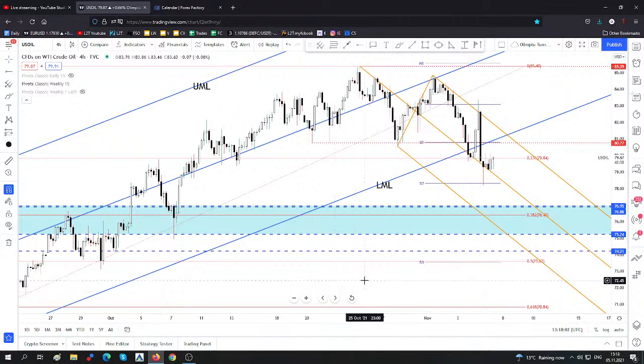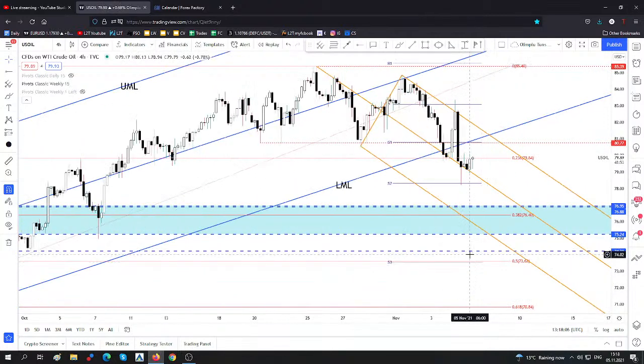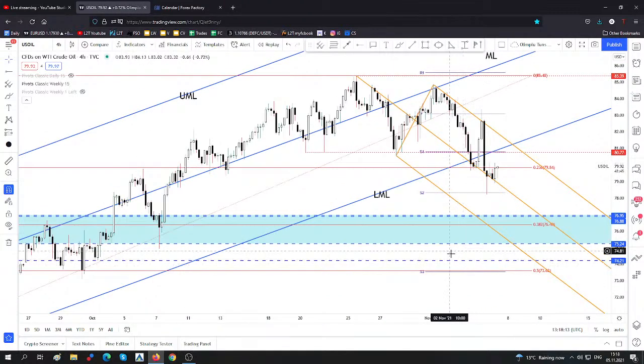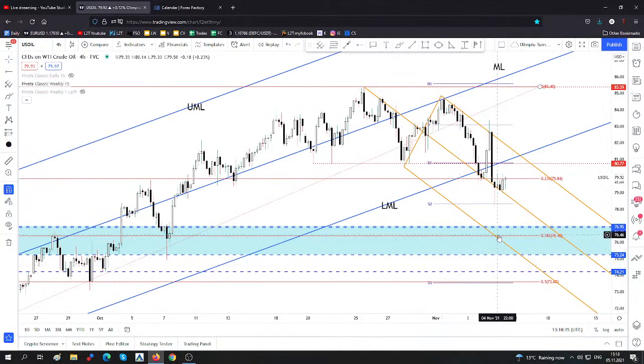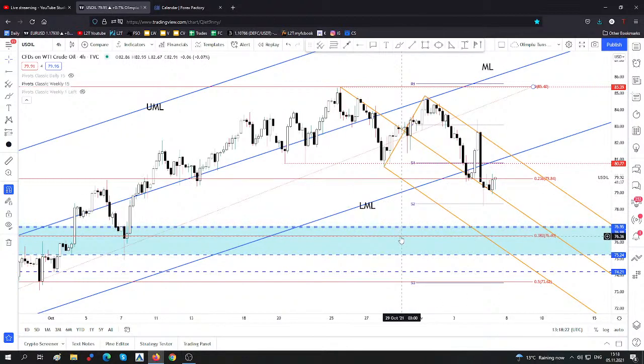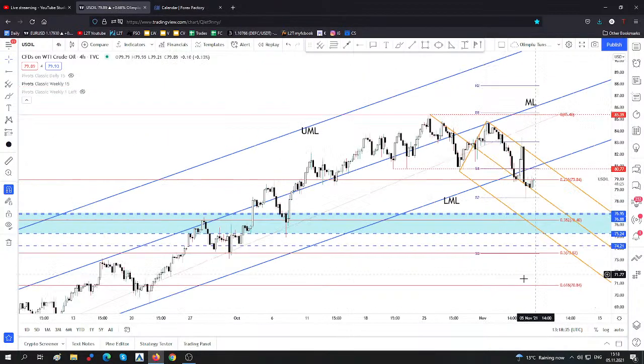But yeah, right now let's take a look at US oil. It has found support. I've told you earlier today in my analysis. I've sent a short analysis into the VIP group, I believe, talking about this sell-off after this false breakdown of great separation below the S2, and I've told you guys that the price of US oil could come back maybe to retest the 23.6, the 80.77, also the broken lower medium line of the ascending pitchfork.